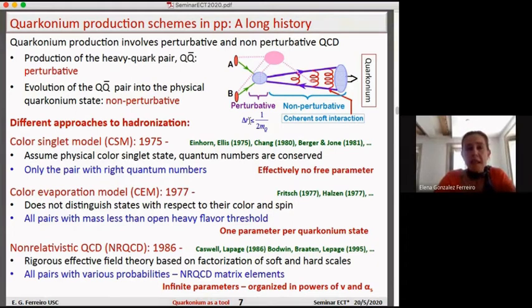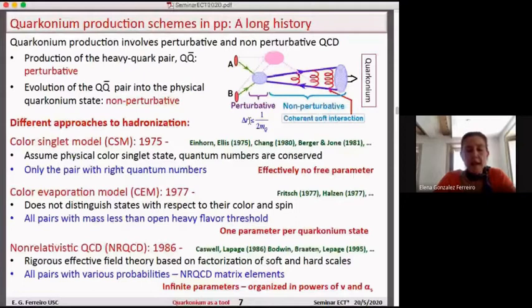Second, the color evaporation model is a phenomenological model where all pairs are taken into account to produce quarkonia if they have a mass that is less than some threshold, so there is a parameter that depends on each quarkonium state.